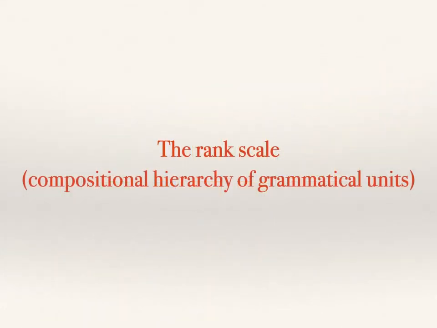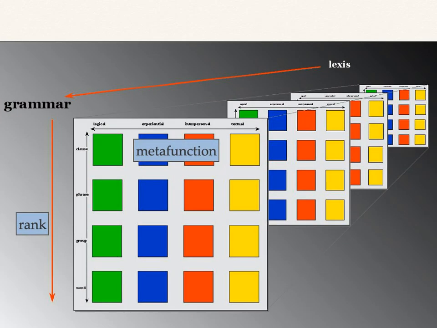Let's come back to something that I introduced earlier in this lecture, the rank scale. What's the rank scale? It's a compositional hierarchy of grammatical units, from clause down to morpheme. So if we look at this schematic overview of the grammar, then along the vertical axis you have rank represented.